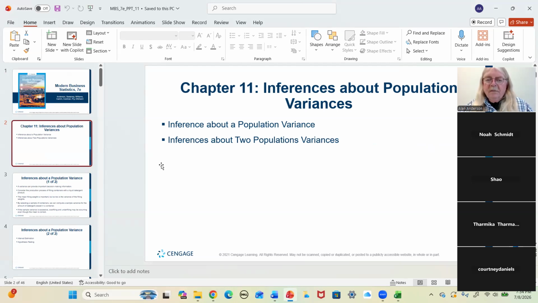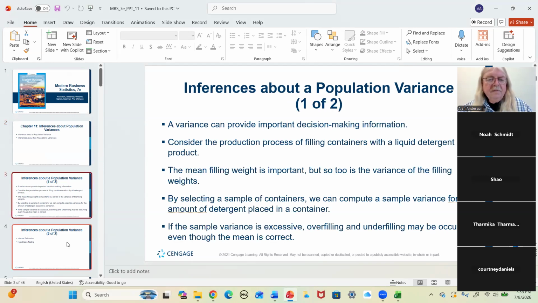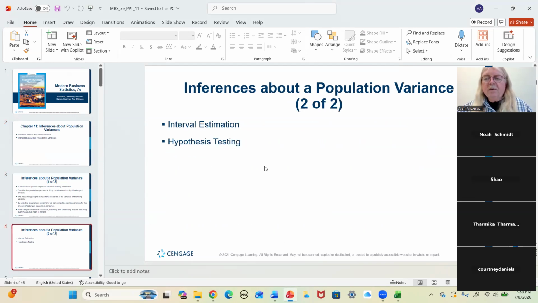Now the problem here is that the variance itself does not follow the normal distribution or the t distribution. So therefore, we need something else. Oh, and of course, we'll do confidence intervals and hypothesis testing.